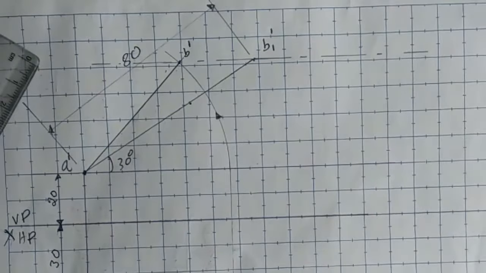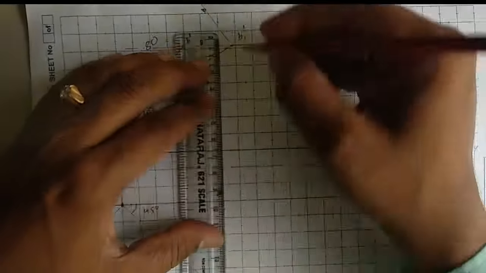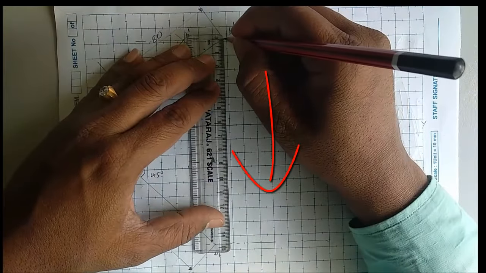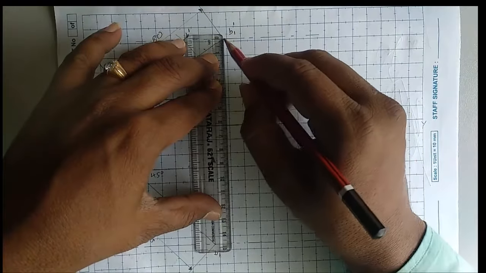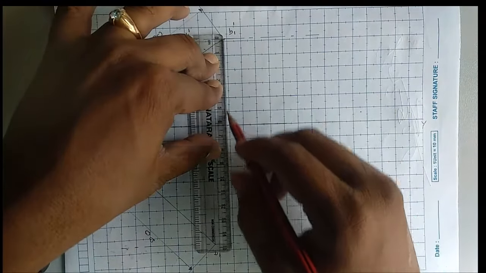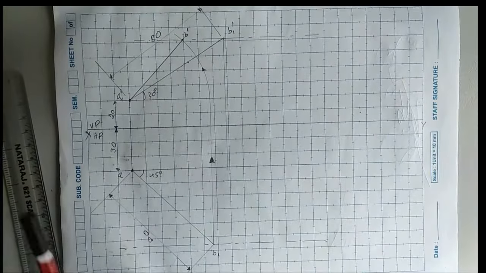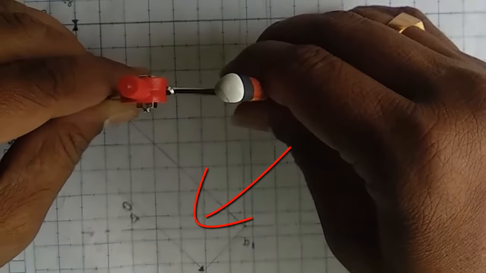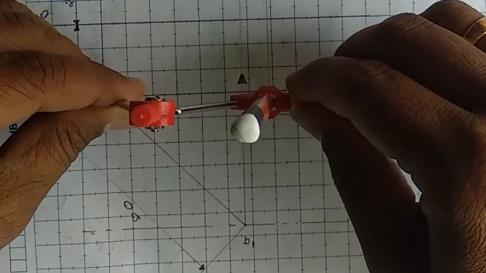And the same way, after finishing that, from B1 dash, same as what we did in the previous step, we need to draw a vertical projection or vertical line till the locus of A, and then take A as the center and draw the arc.